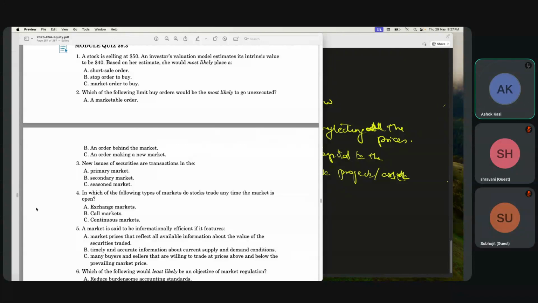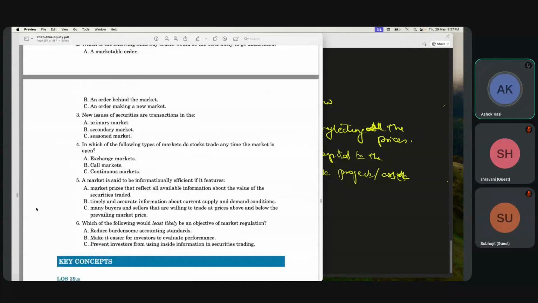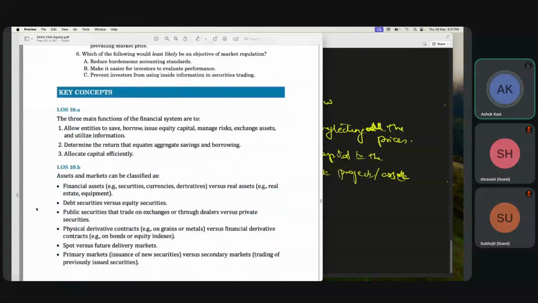You don't have to read anything in the curriculum, just directly solve module quizzes there. Wherever you go wrong and whatever doubts you want to discuss, bring it here and we will discuss. These are all the key concepts, it's a summary, so you can read this as well.